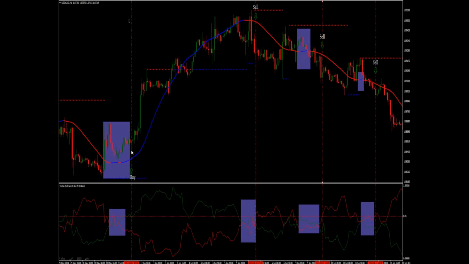The main thing for entry is again the Vortex indicator, which reminds me really of ADX cross, and it probably is based on ADX and some form of overbought oversold in reverse direction. But I can say it's more of an ADX cross.